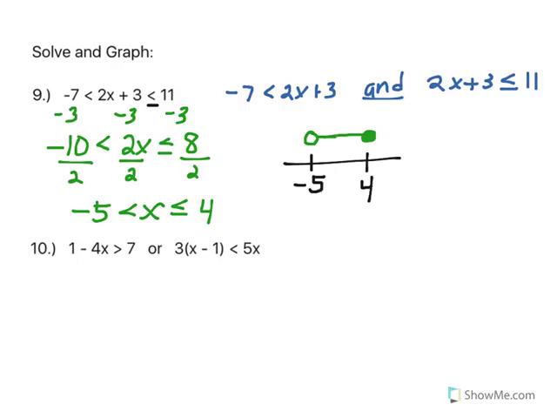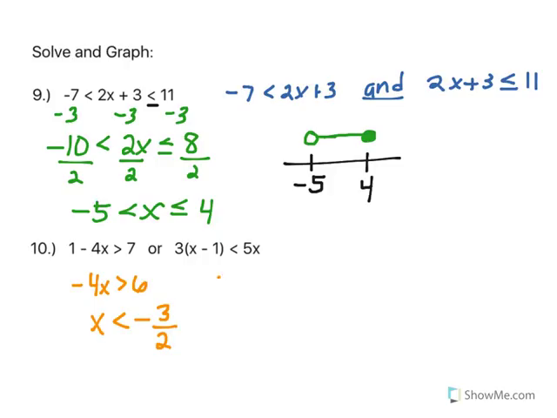This one down here is separated out into 2 separate inequalities, so it might be a little bit easier to solve. I'm going to get rid of the 1 and make this -4x is bigger than 6. So this one's going to give us a fraction. Keep in mind you're dividing by negative, so the symbol flips around. -6 divided by 4 is -3/2, so x is going to be smaller than -3/2.